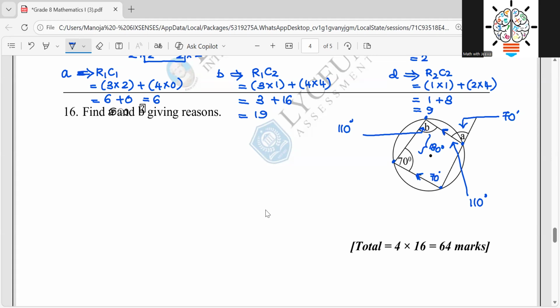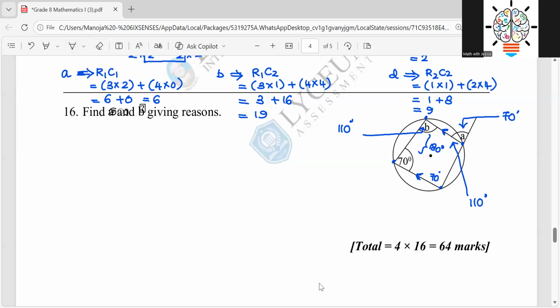I repeat, children, first you find this angle, right? Because the opposite angles of a cyclic quadrilateral add up to 180. If this is 110, this should be 70 because the angles on a straight line add up to 180, right? If this is 70, the B should be 110 because the interior angles add up to 180, right?